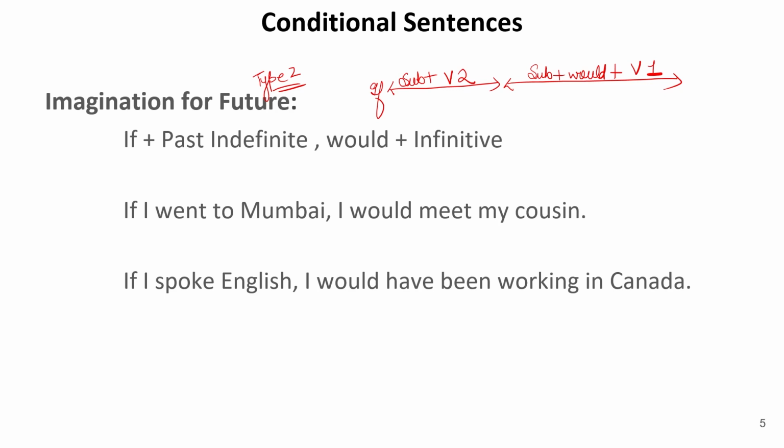He did this yesterday. Now he's saying to his friend B that if you came to me yesterday, I would give you the money. Just because yesterday only he deposited the money, he invested the money.